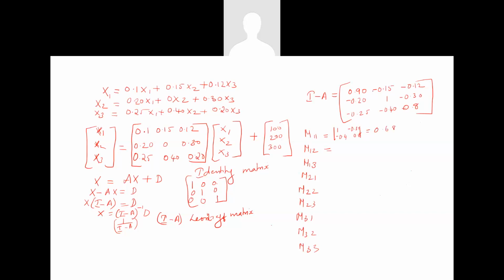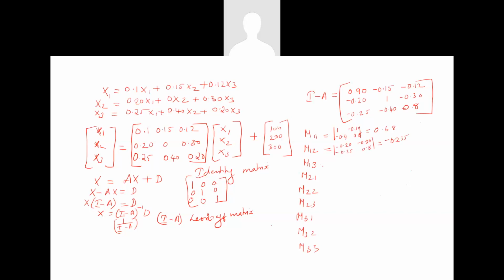Similarly, what is M12? For M12, you delete the first row and the second column. Then what is remaining is minus 0.20, minus 0.30, then minus 0.25 and 0.8. Find the determinant value, that is equal to minus 0.235.